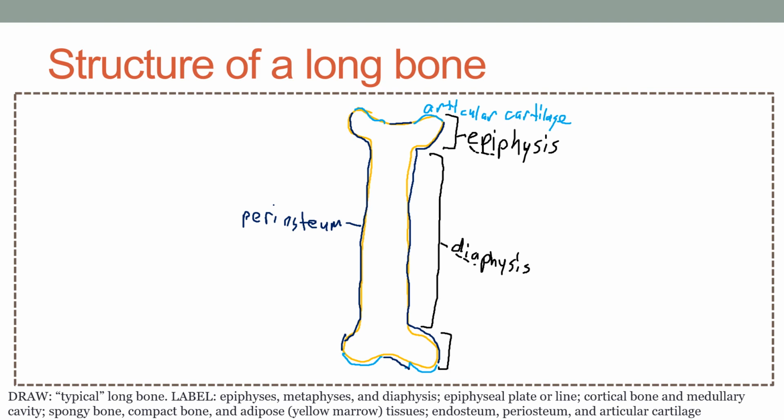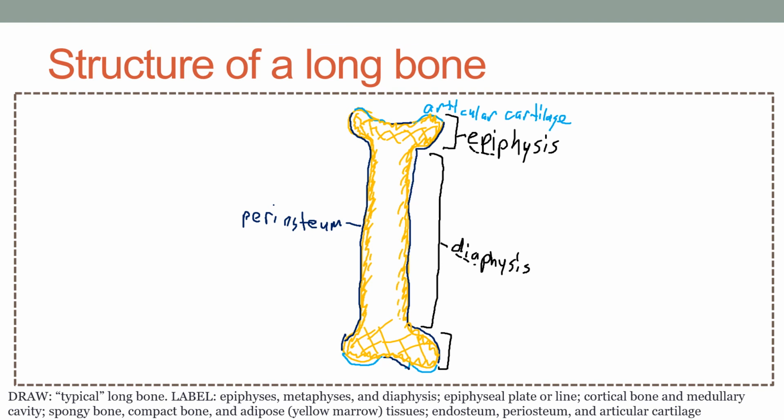Then there's actually an inside part of the bone as well. So we have compact bone, as I mentioned earlier, which forms only about the outer 20% of your bone. Then on the inside, there is spongy bone here in the epiphysis, but only a trace of spongy bone in the diaphysis.